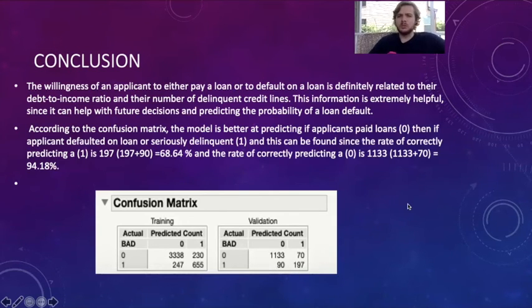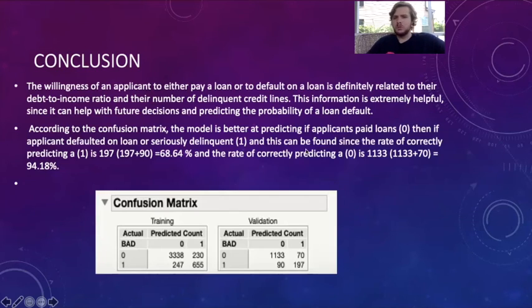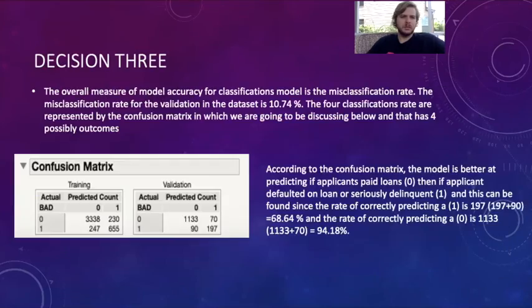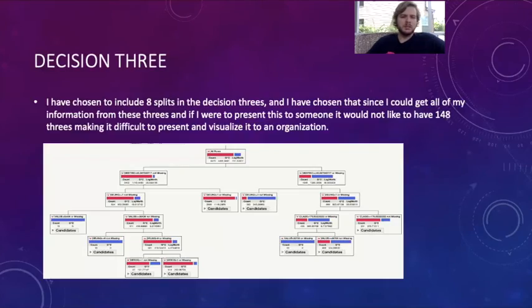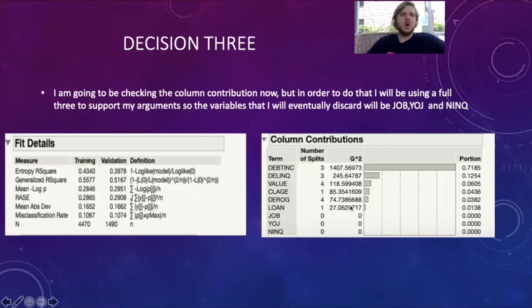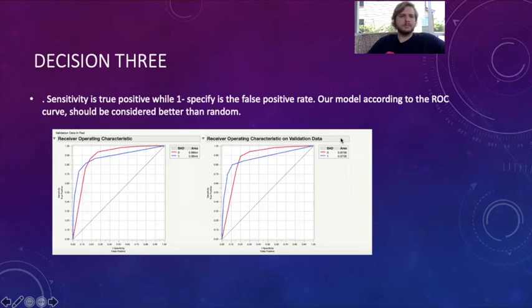So this is the conclusion of the project. I believe that this information can be extremely helpful to analysts looking through the column contribution, looking at the confusion matrix, looking at the misclassification rate for the problem, the split history, the column contribution as mentioned, leaf report, sensitivity.